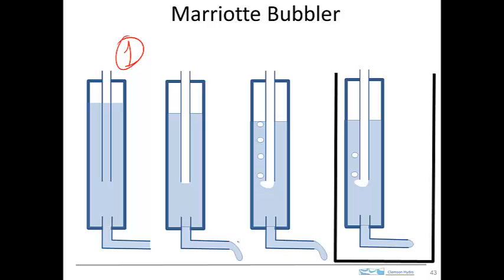So what happens then when I take my finger off the tube at the bottom, what happens is the water level in this inner tube drops. So it drops down to here. And remember, this is connected to the atmosphere. So this is at atmospheric pressure, ATM. So at this snapshot in time, we've got atmospheric pressure right here at the bottom. What that means is that there's atmospheric pressure here inside of this tube, in the water.